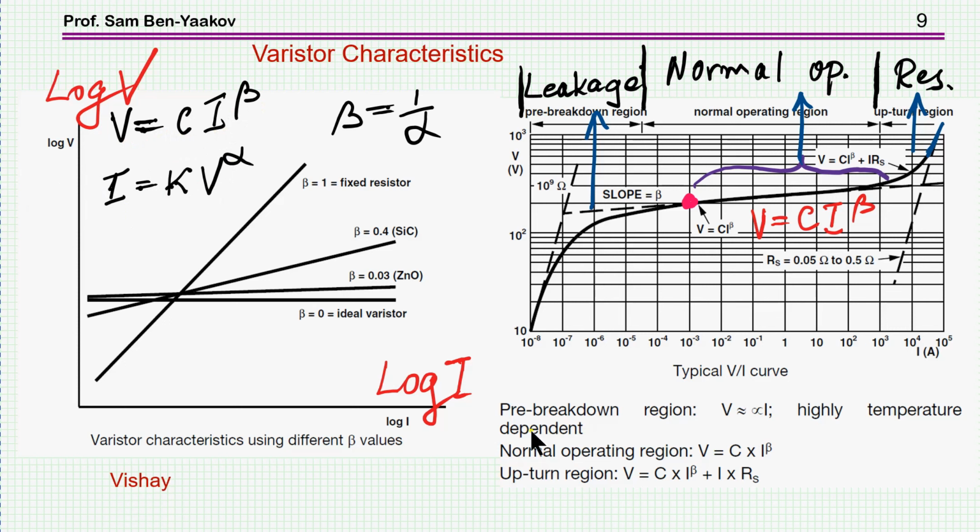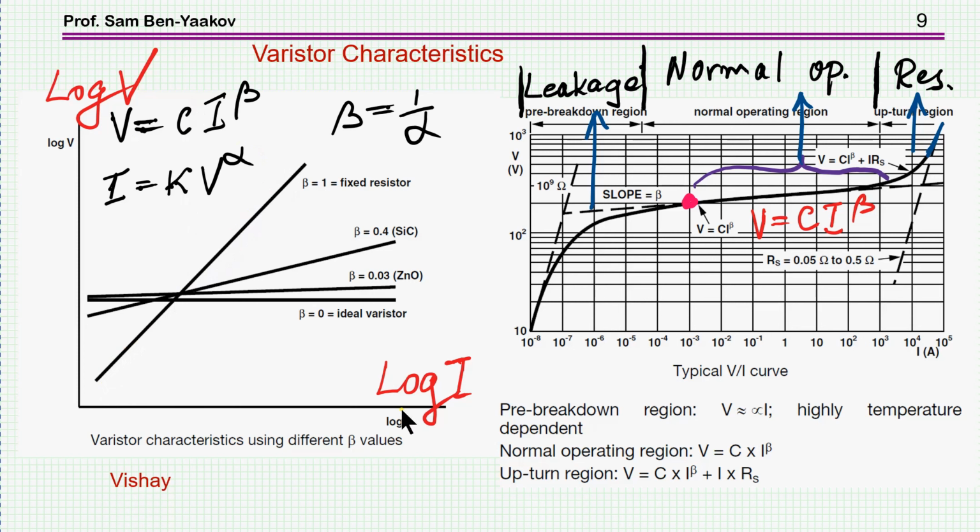In this particular case Vishay prefers the beta, so this is the expression, V is C I to the power of beta. So what we see here, that of course in a fixed resistor beta is 1, because this is like Ohm's law. And then we see here the resistance, it's linear.